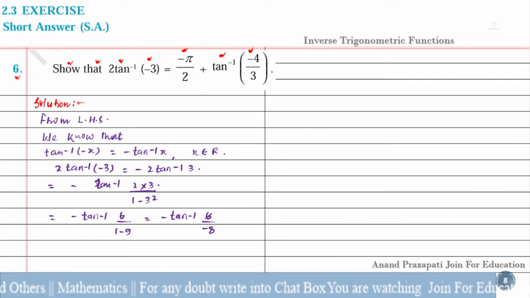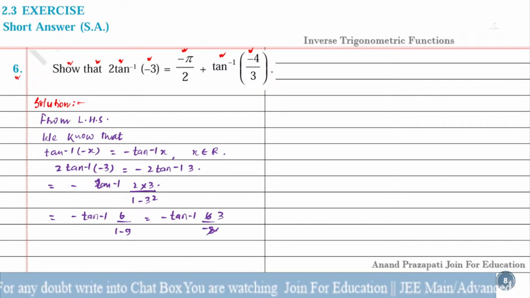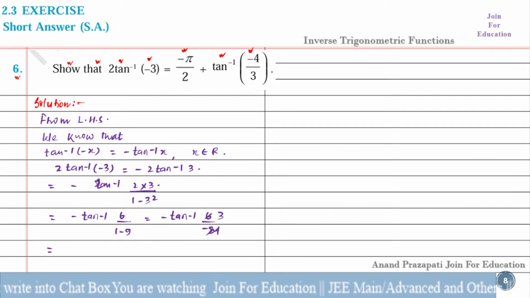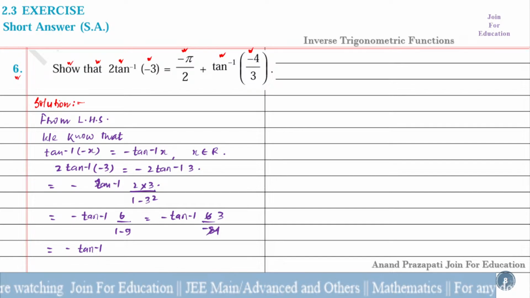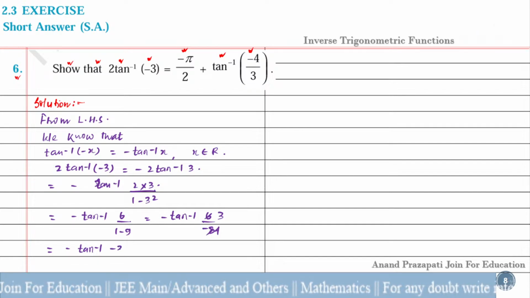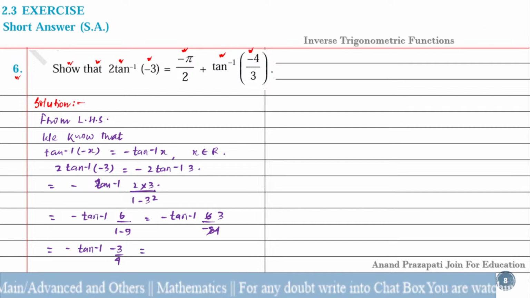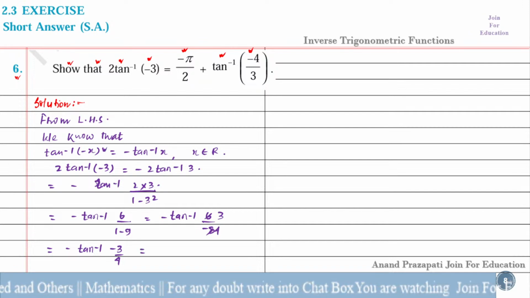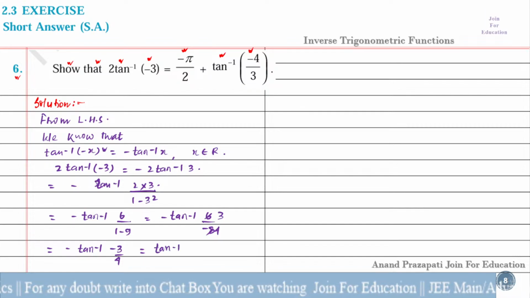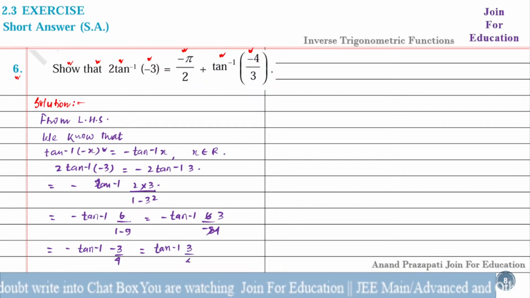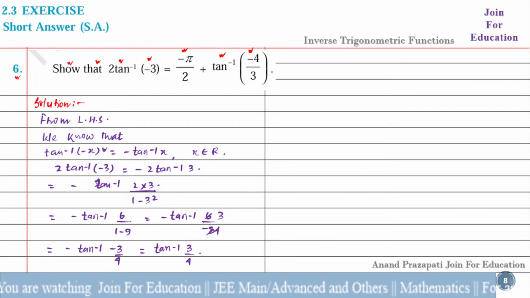Now this is cancelled out by 2, 3 ja and 2, 4 ja. So here will be equal to minus tan inverse minus 3 by 4. According to this, equal to tan inverse 3 by 4. Is there any problem understanding up to this step?